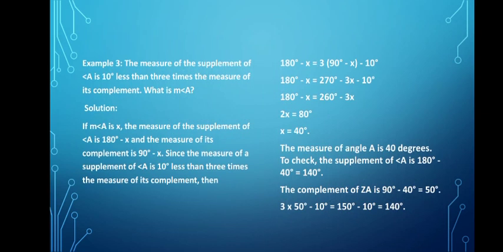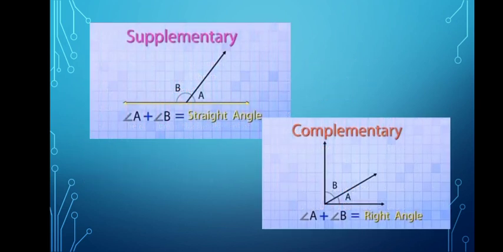How can we identify supplementary and complementary angles? In supplementary, the sum of two angles is equal to 180 degrees. That forms a straight angle.